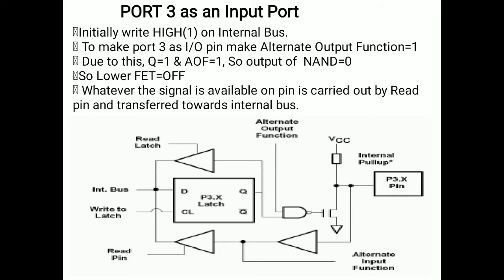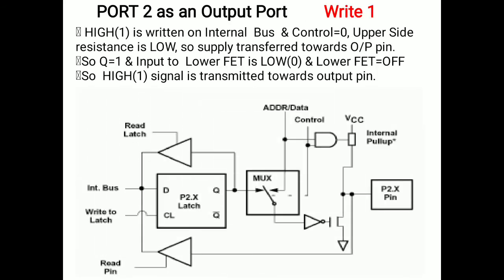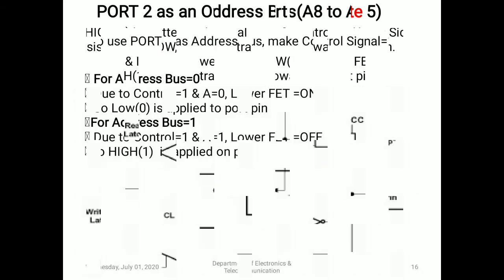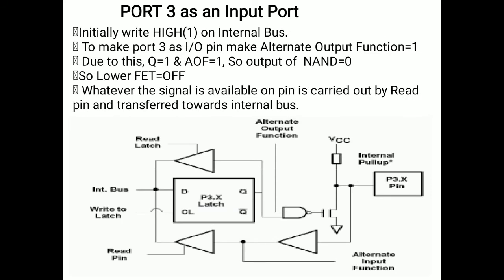In our earlier cases, if we consider port 2, the address bus is there, suppose here A8, the next pin A9, the next pin A10. So the function is similar and only the number increases, as in port 2 or port 0. But in case of port 3, the complete structure is different, whatever signal is coming.